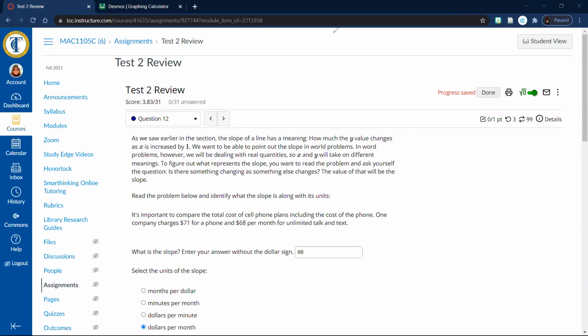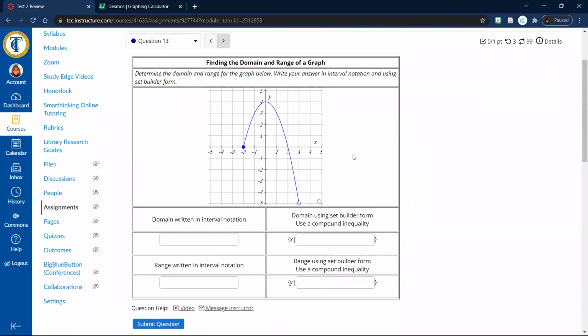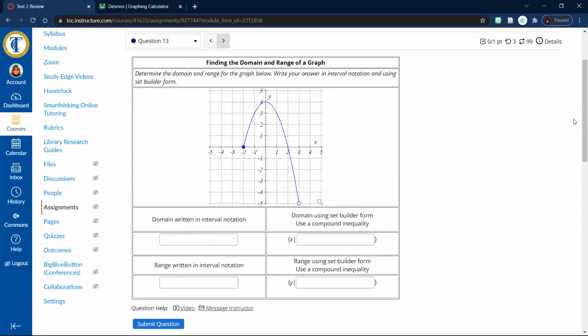Oh yeah, domain and range. Okay, let me bust out my annotation. So domain and range is another big one you guys did. If we're looking at this particular equation, what is the domain?